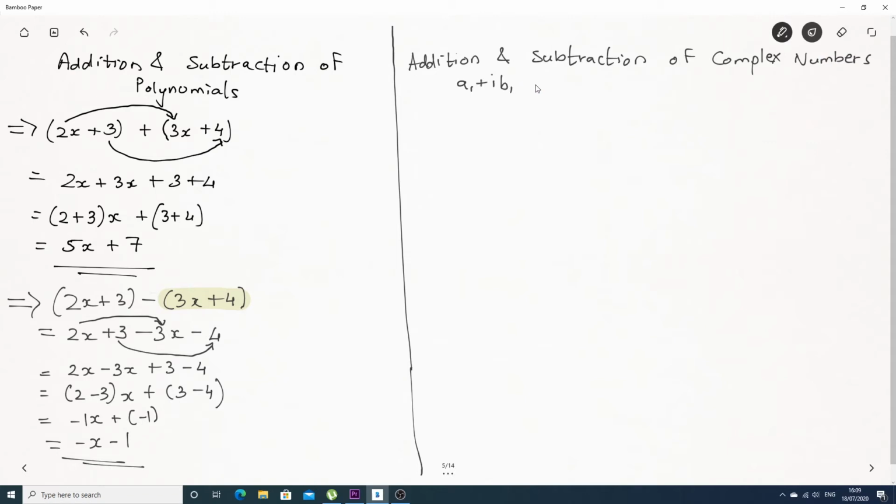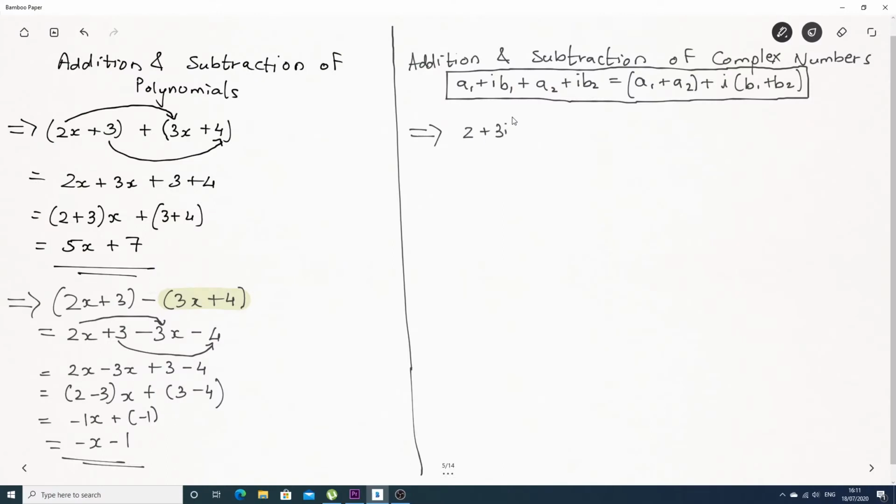We add the real parts together and the imaginary parts together and write them separately as real and imaginary parts again. Let me show you some examples of complex addition and subtraction as well. I'll take the same example of 2x plus 3 and 3x plus 4, but as complex numbers. So I'll have 2 plus 3i and 3 plus 4i.